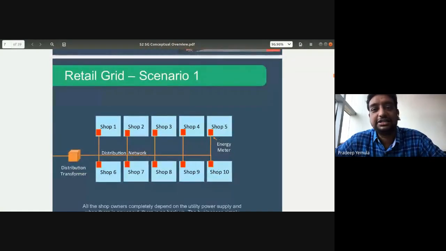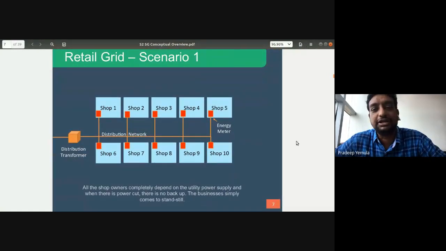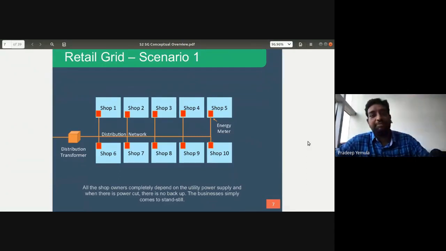So the next slide I want to talk about is the concept of retail grid. Here, you can see there are 10 shops, and all these shops are supplied from a distribution transformer. And at the distribution transformer, there is an energy meter, and they are giving the bill. Now the problem is, what happens if there is a power cut in the distribution transformer?